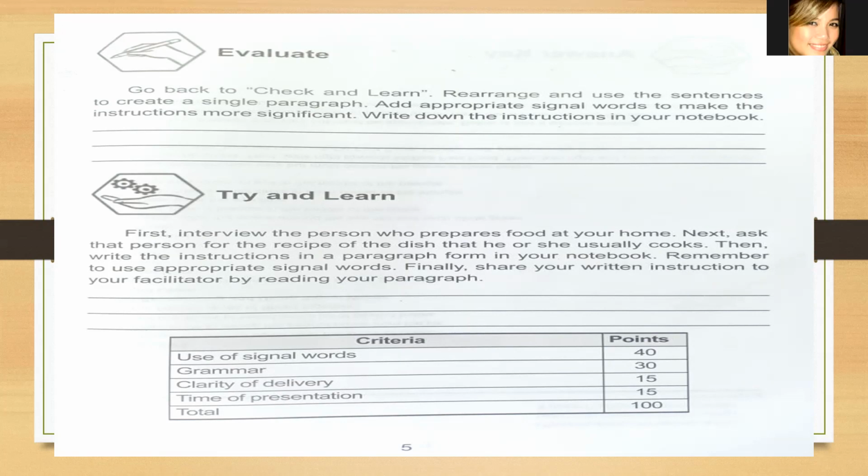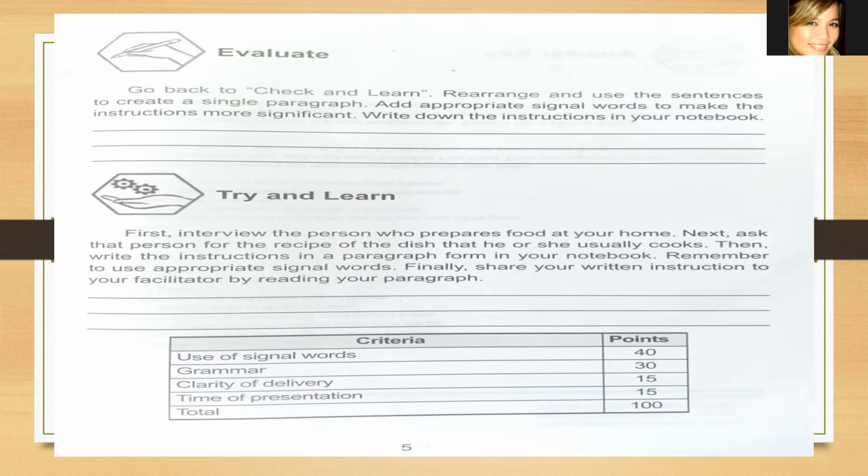Okay, all right. Okay, now children, for try and learn, ingon siya diri first, interview the person who prepares food at your home. Okay, another ni siya. Another is part also of the evaluation ni siya. Recorded too. Okay, this can also be your performance output number 2. Okay.